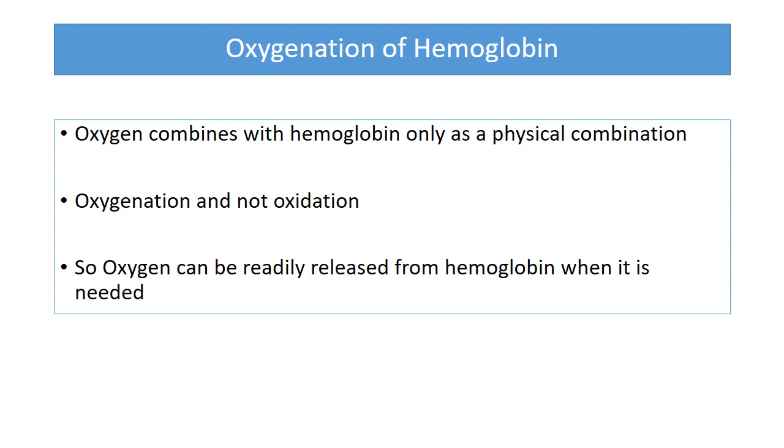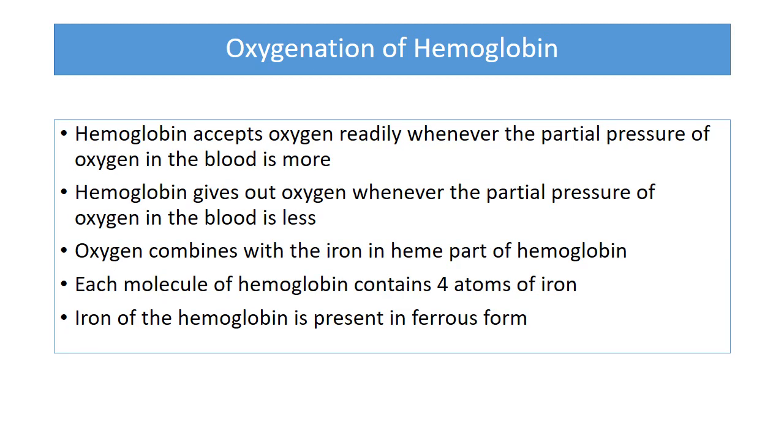Oxygenation is a loose and reversible combination, so that oxygen can be readily released from hemoglobin when it is needed. Hemoglobin accepts oxygen readily whenever the partial pressure of oxygen in the blood is high, and it gives out oxygen whenever the partial pressure of oxygen in the blood is low.